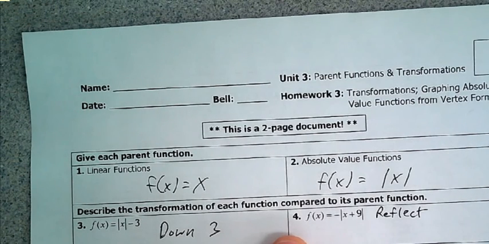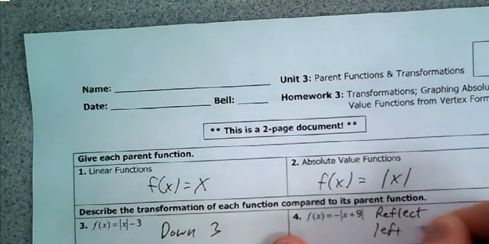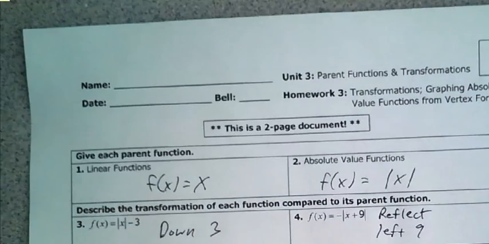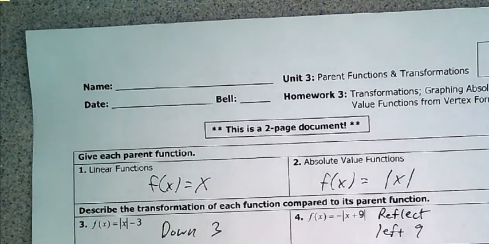Left 9. Very good. So it's a reflect and a left 9. That's what's actually happening to the parent function. Listen, we're always comparing to the parent. So, compared to the parent, this particular graph has been reflected and shifted to the left 9.